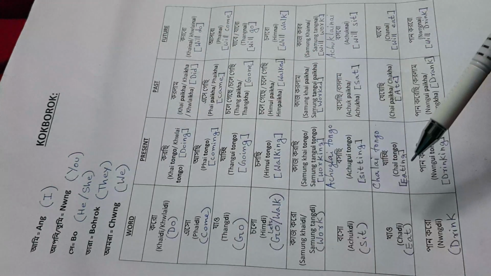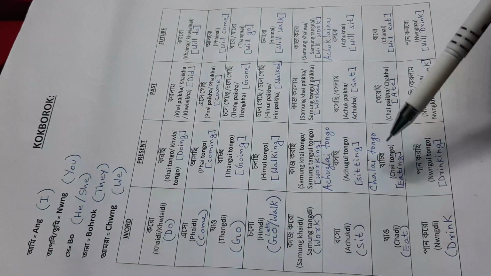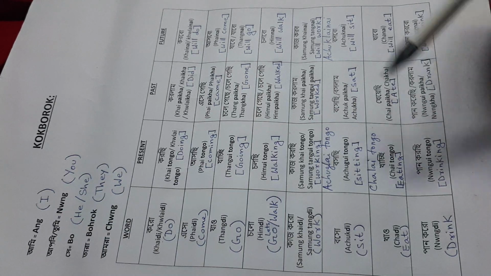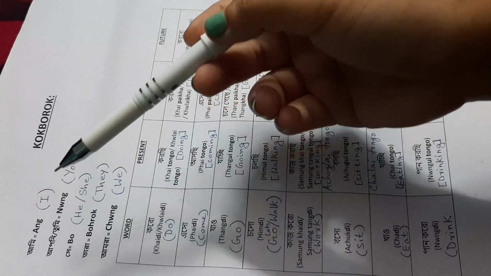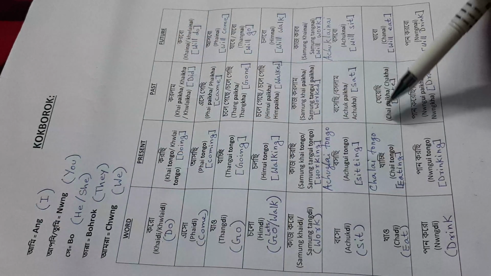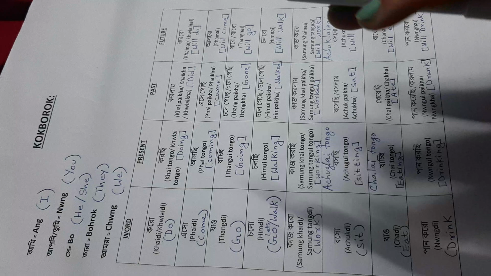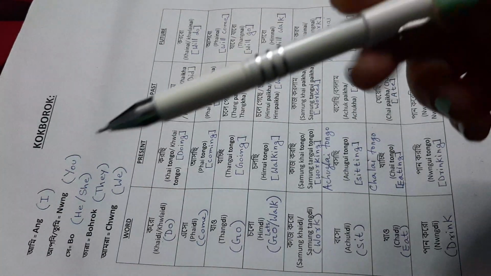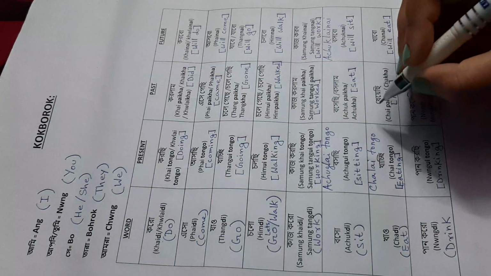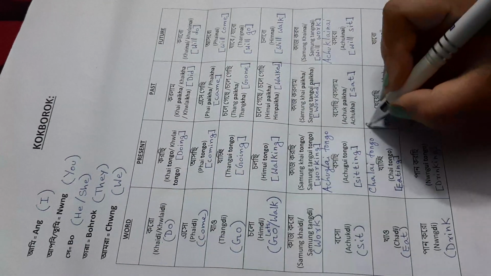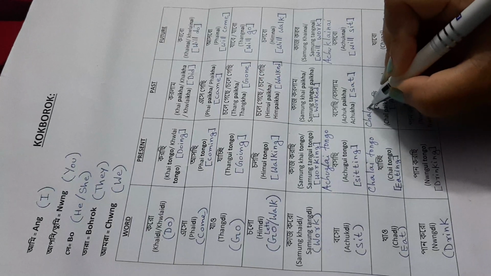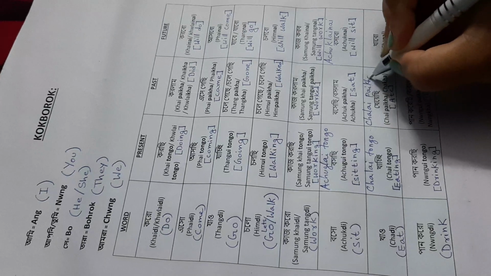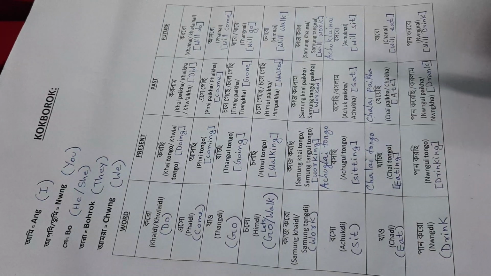Chung cha lai tongo. We are eating. And for plural again, borok chai pai kha you can use, and it is correct, but it will be better if you use borok cha lai pai kha or cha lai kha.